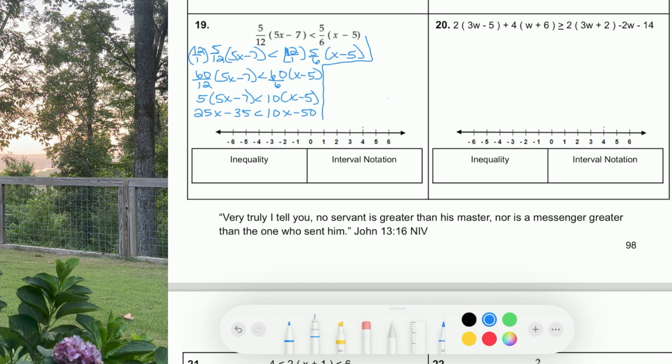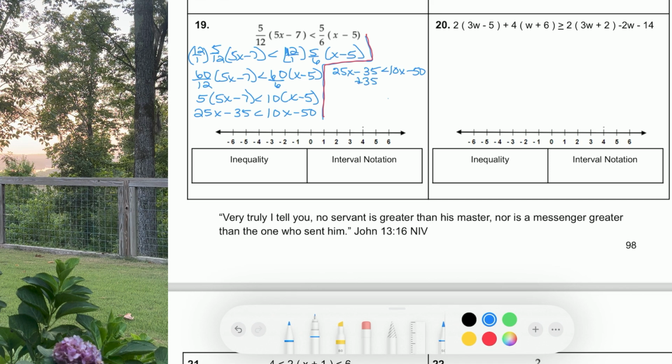All right, I'm going to draw just a little box here. And I'm going to bring my problem up over here. 25x minus 35 is less than 10x minus 50, just because we ran out of room. Let me make that line a different color so we can actually see what it's doing here.